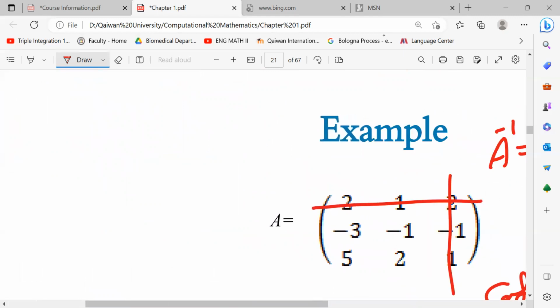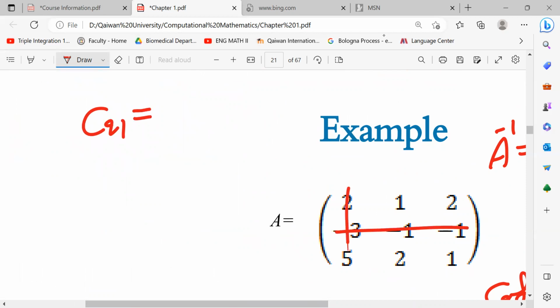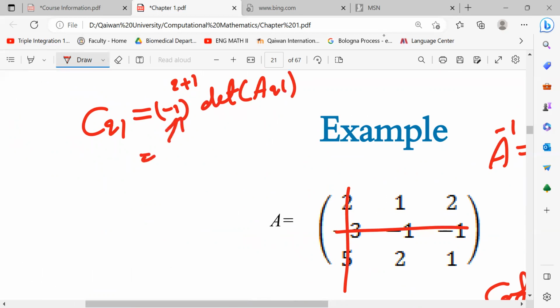What's C21 here? C21 is what? This one is -1 to the power 2 plus 1, which is negative, times the determinant of what? A21. This becomes negative, minus the determinant of A21.